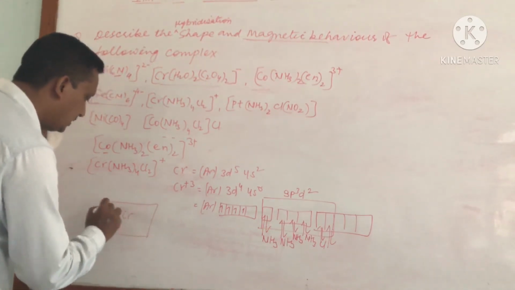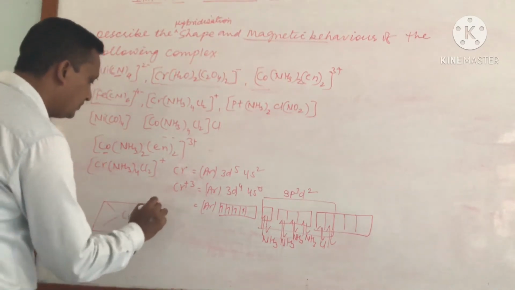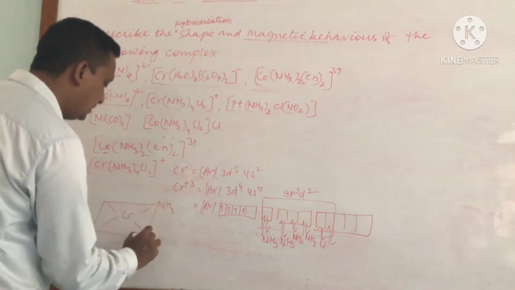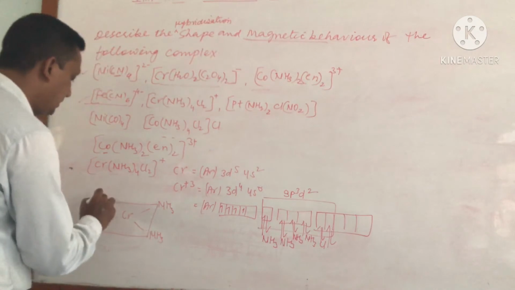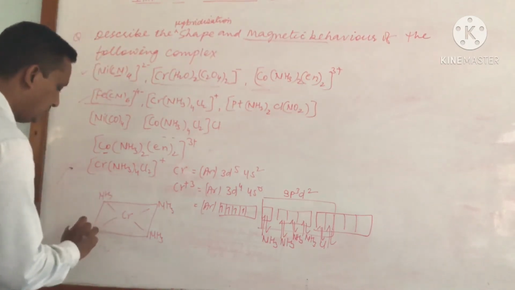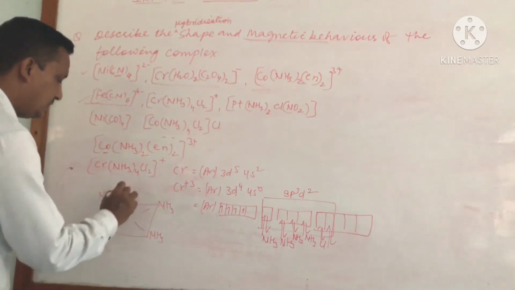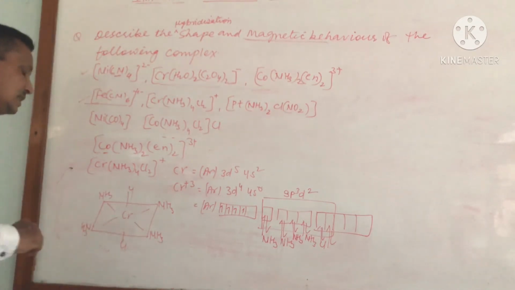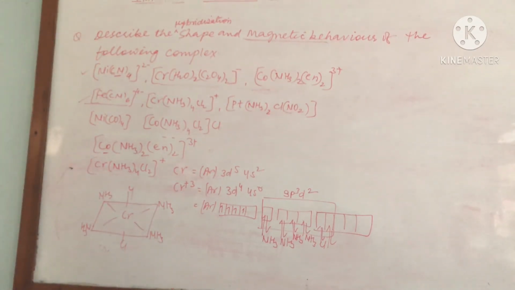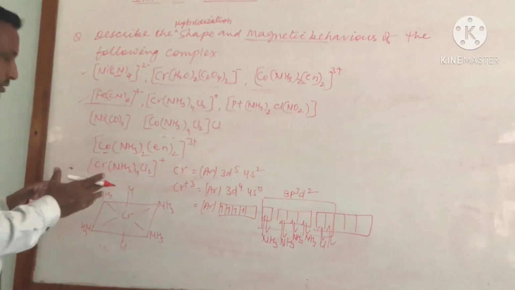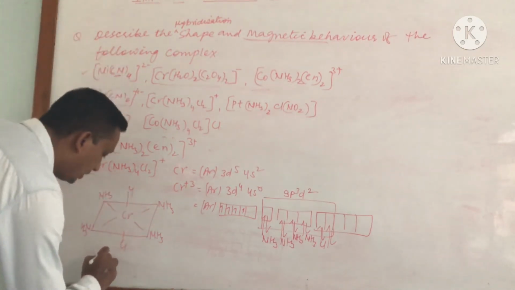So Cr here and NH3, NH3, NH3, NH3, then Cl, then Cl. This would be the geometry of the molecule. Okay, so this is the trans form of this molecule.